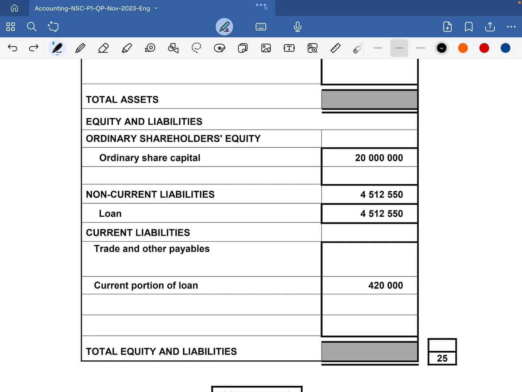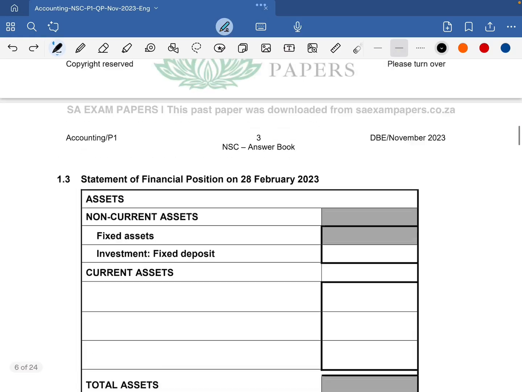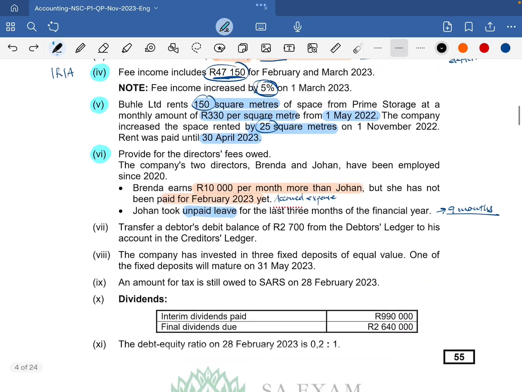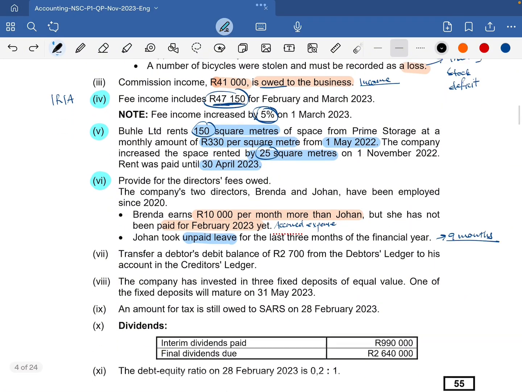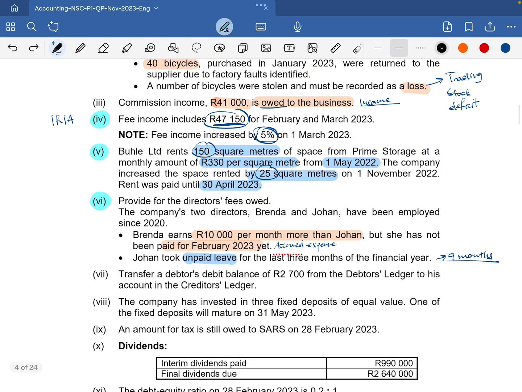And then calculate our trade and other payables. Okay, so the first things that we can deal with and not forget about, we can just look at the four first things that we've noted. I forgot to note this one, commission income.